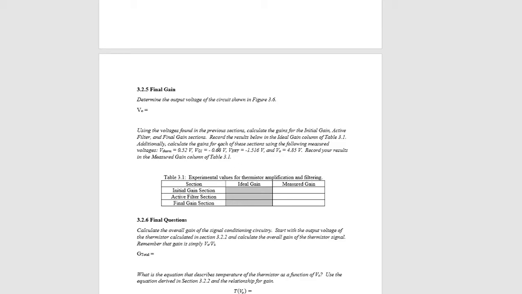And then also, we're giving you some voltages, and assuming that these were the numbers you measured, we want to know what measured gains these numbers correspond to.